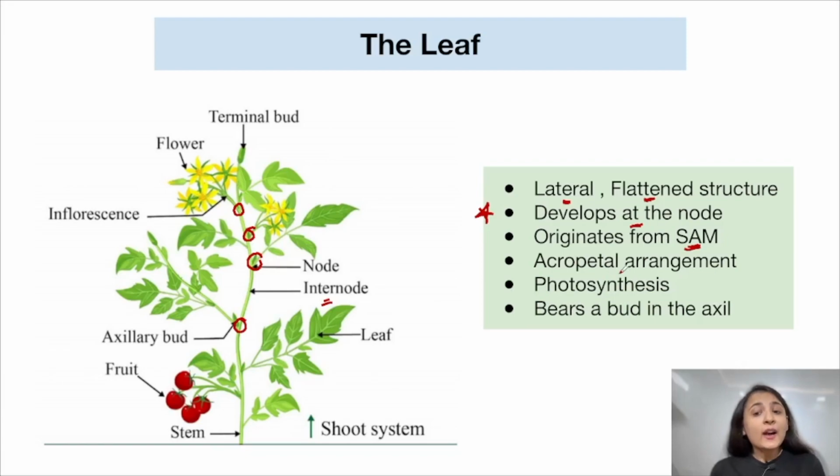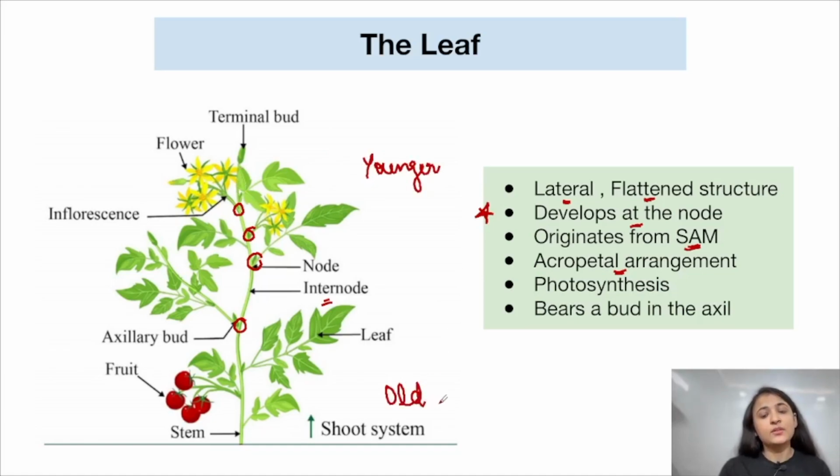Leaves show acropetal arrangement. What is acropetal arrangement? Acropetal arrangement means that the younger leaves are present towards the apex, and the older leaves are present at the base of the stem. So in the lower regions of the plant, consider this as a plant, we will see the older and mature leaves, but as we go up, the leaves become younger.